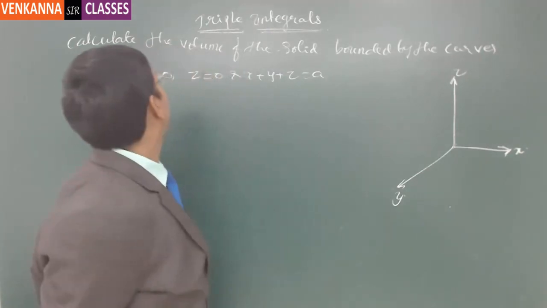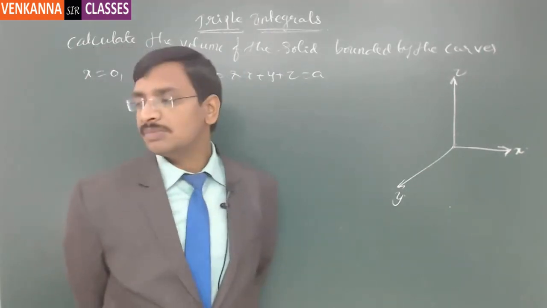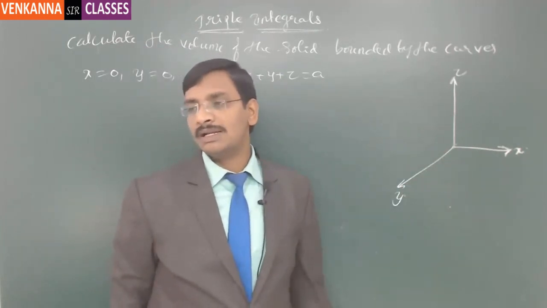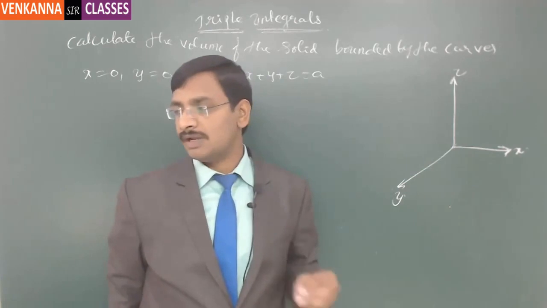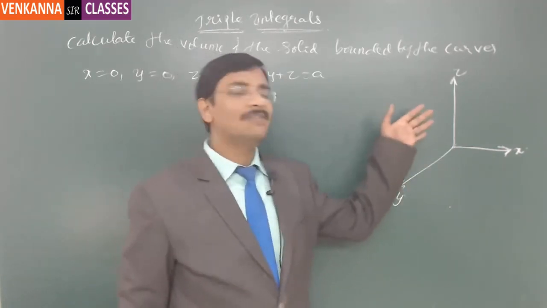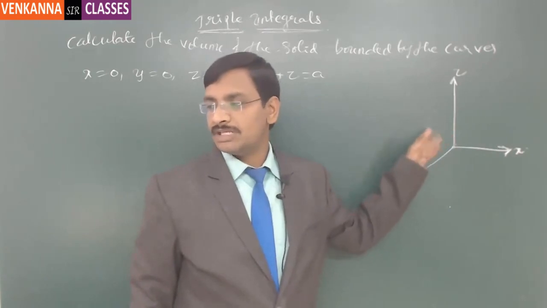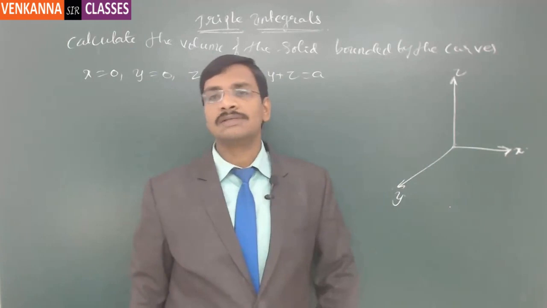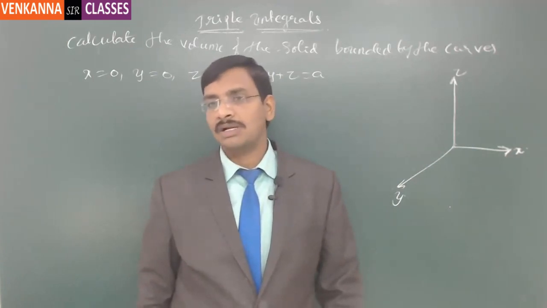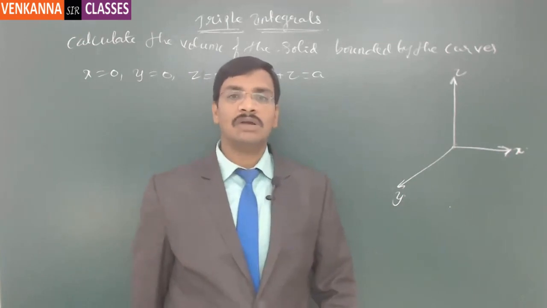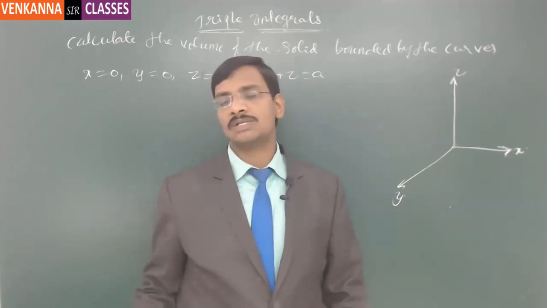So if it says x is equal to 0, that means that is the yz plane. Why? Because x is equal to 0 indirectly says that it is independent of y and z. That means y can be any value. So every point on this yz plane is part of the x is equal to 0 plane, right? The way we say that x is equal to 0 is a straight line in 2D, the y-axis, and y equal to 0 is nothing but the x-axis.